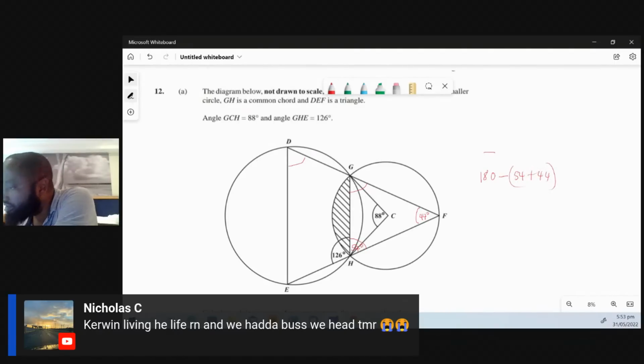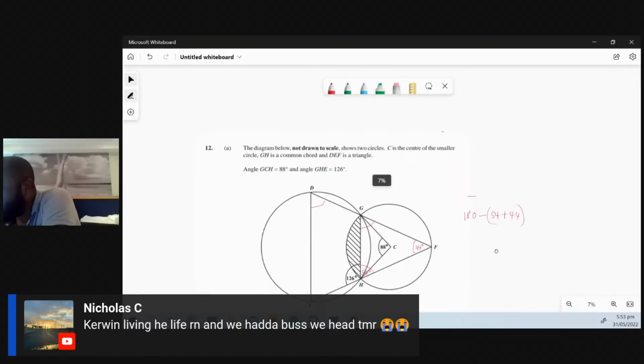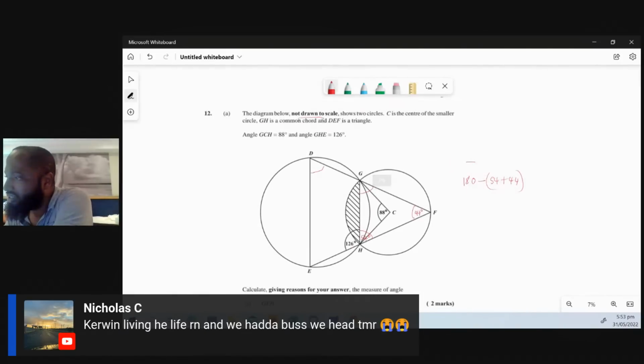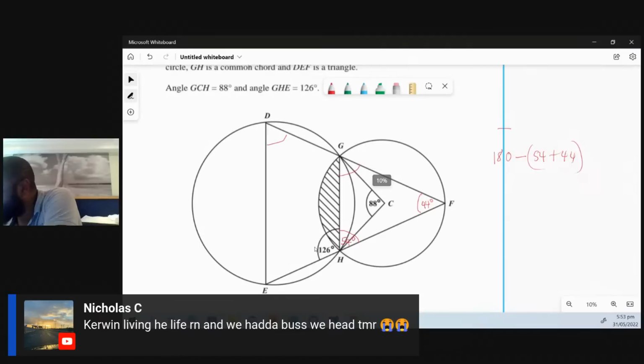So this is making no sense. This is so badly drawn. They say not drawn to scale. Not drawn to scale. This is so badly drawn that this is 126 and this is 54 and this would be 82.